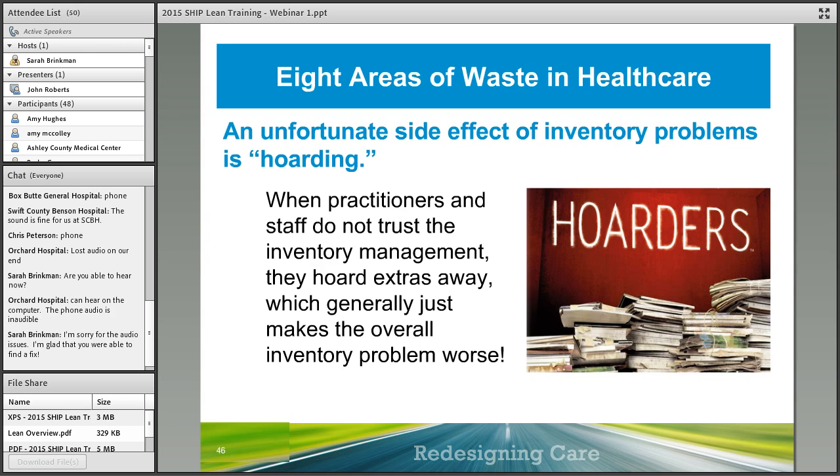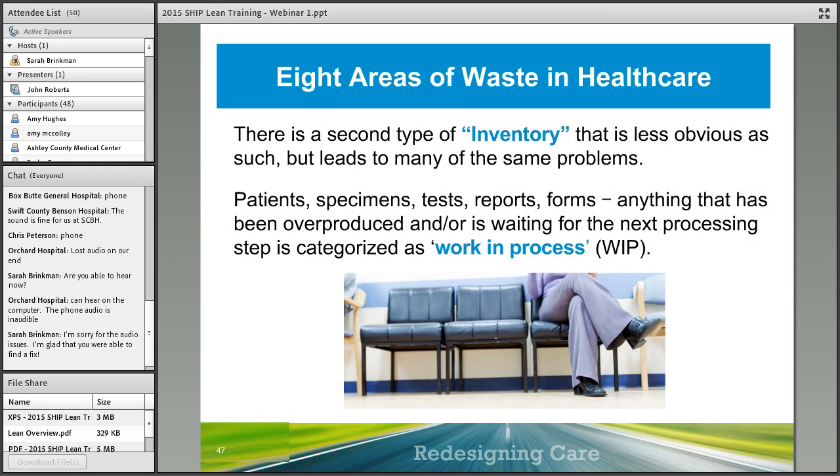Because at one time they got chewed out by a physician or somebody else for not having what they needed. They're going to make darn sure that never happens again. And so we have these pockets of excess inventory around the organization, which causes excess waste.